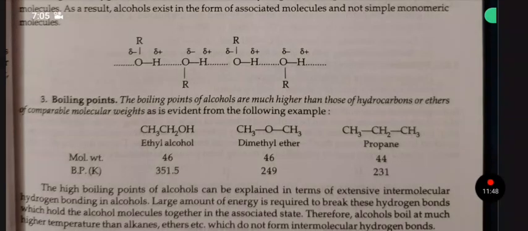Third, boiling point. The boiling points of alcohols are much higher than those of hydrocarbons or ethers of comparable molecular weight, as is depicted from the following example. Their molecular weight and boiling point are given for some compounds. The higher boiling point of alcohols can be explained in terms of extensive intermolecular hydrogen bonding in alcohols.